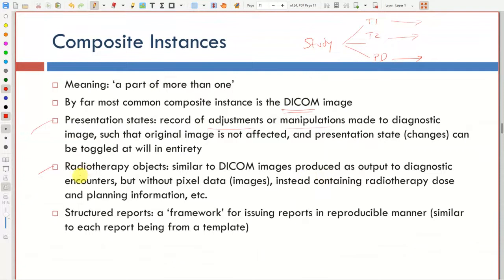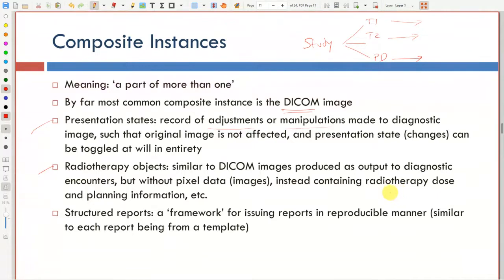Radiotherapy is, by the way, usually related to imaging. Imaging is very important for radiotherapy because the input to the radiotherapy planning is usually images. So you start from, like, a CT volume, for example, and you do the radiotherapy planning, and the outcome of this planning is not in the form of an image, but rather a radiotherapy dose distribution or the planning information.